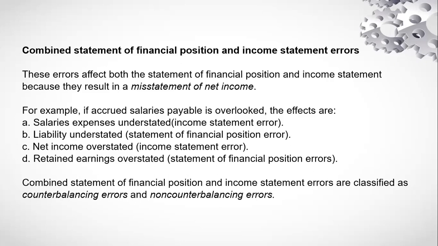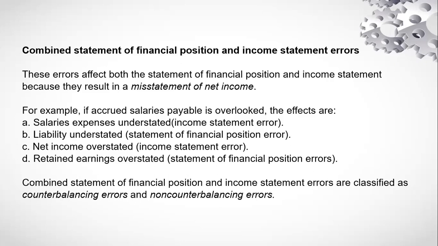The liability is understated, a statement of financial position error. Net income is overstated, again an income statement error. And retained earnings is overstated, a statement of financial position error.